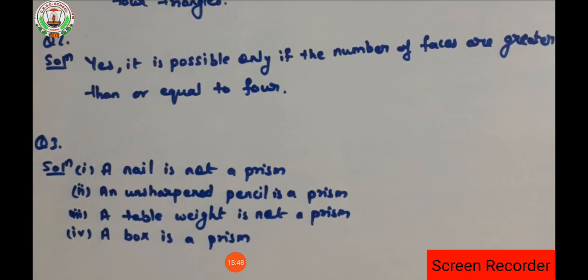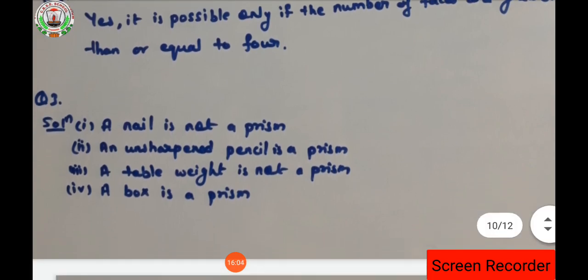Next question: is it possible for any given number of faces? The answer is yes, it is possible only if the number of faces is greater than or equal to 4. Then question number 3.